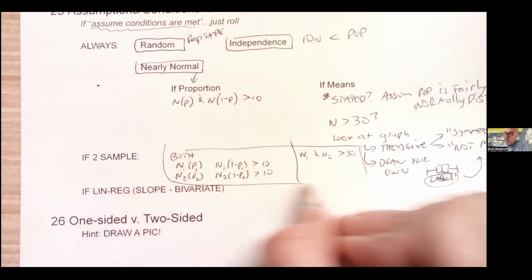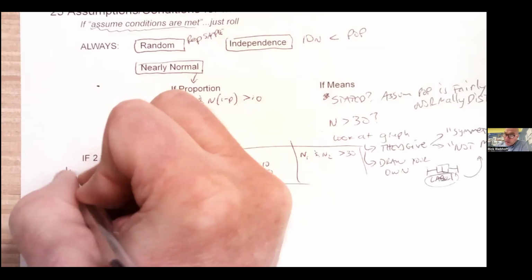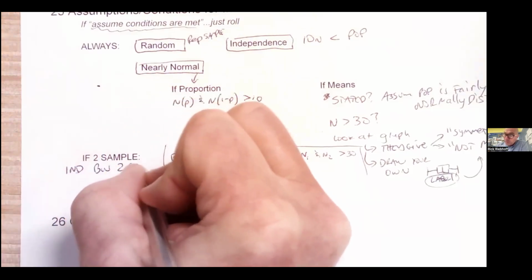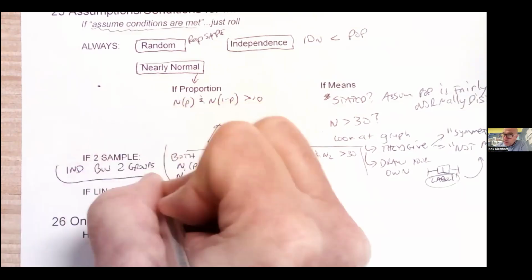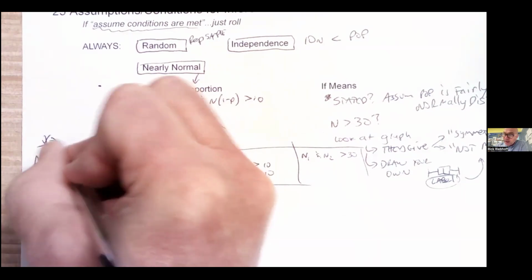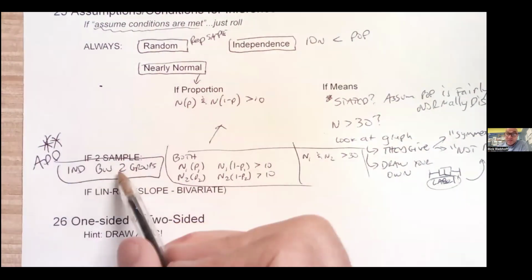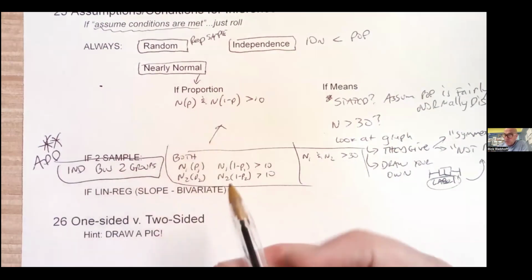If two sample, we also have to have independence between the two groups. Okay, that's a new one. So this is important. We have to add the independence between two groups, right? If there's not independence, we're probably doing a matched pairs, right?